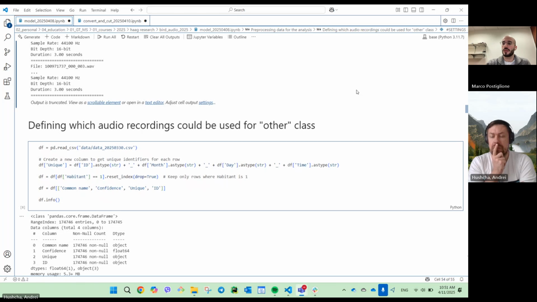I cannot say I'm definitely sure there is no Hume's Warbler in those recordings, because I don't know how accurate BirdNet is. Yes, the problem is that any reviewer of the paper would complain that you are training a model that will necessarily be based on labels provided by the model you are comparing to.